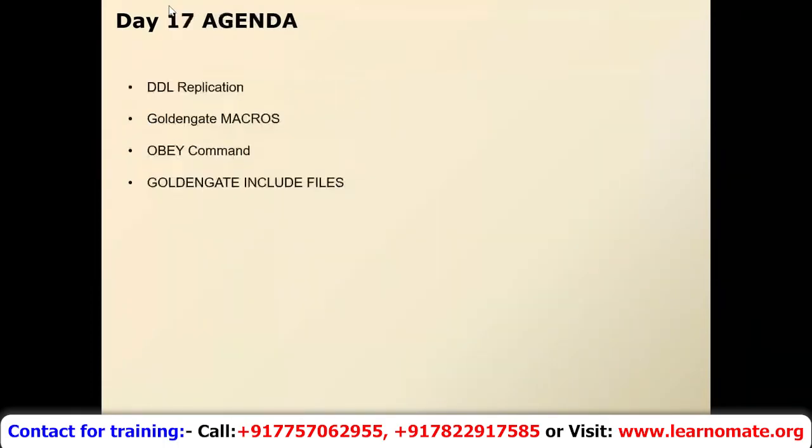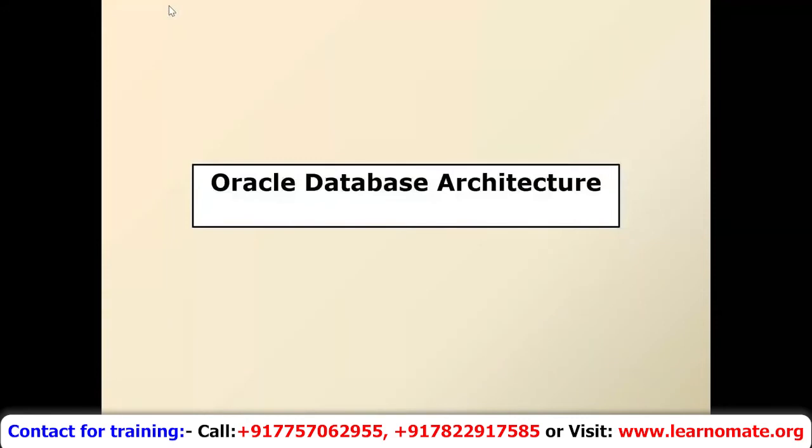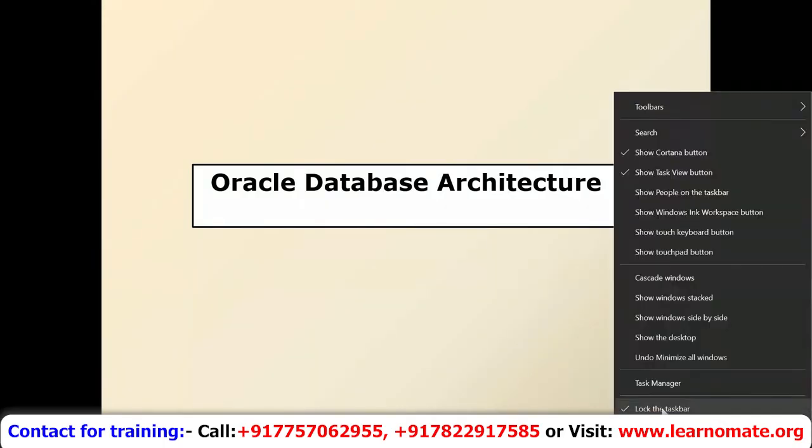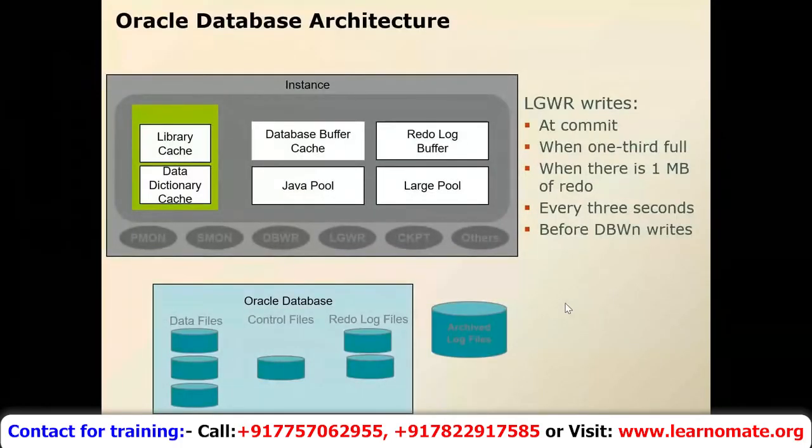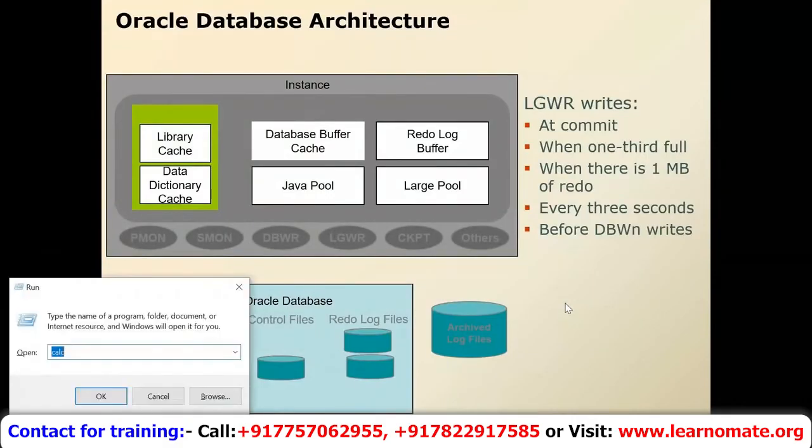So before we start, let us quickly have a quick introduction to Oracle database architecture. Now see, GoldenGate is a product which works on a database, whether it is Oracle database or any other database. So what is Oracle GoldenGate first of all?